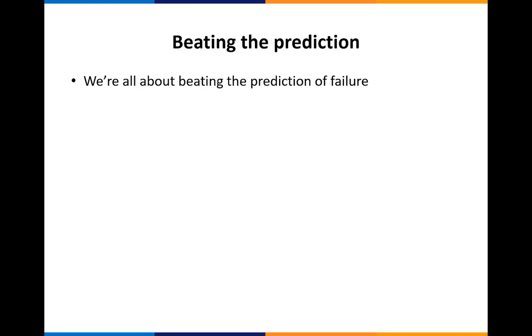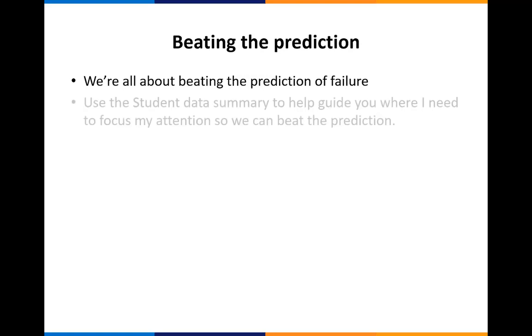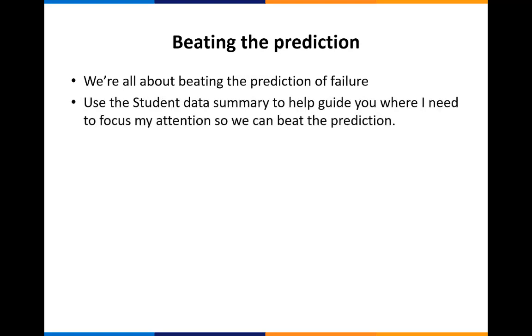So I'm here to tell you that especially the misty rose, the pinkish shaded kids, being predicted to have a recommended intervention is not a foregone conclusion. We want to beat that prediction. So use the student data summary to help guide where I need to focus my attention so we can beat that prediction. Teachers can beat the prediction.